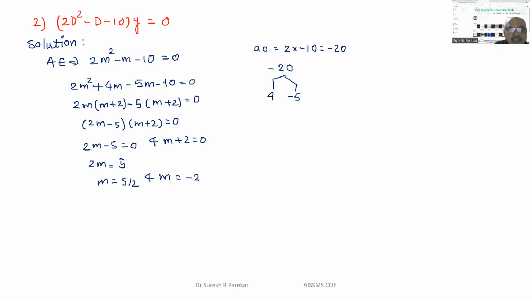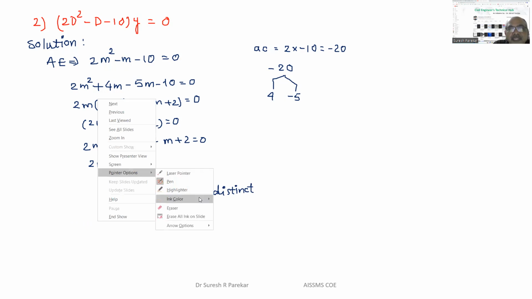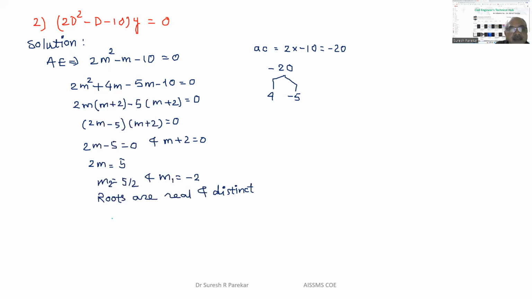So I can write this as m1 and this will be m2. Now again we have case 1, roots are real and distinct. And then we have the complementary function for this. We can write CF = C1 e^(m1 x) + C2 e^(m2 x).